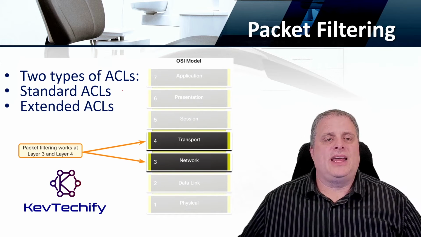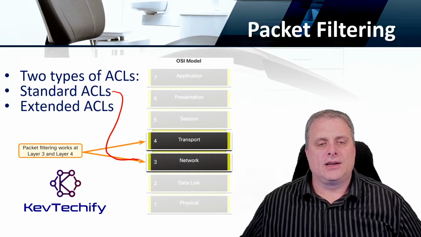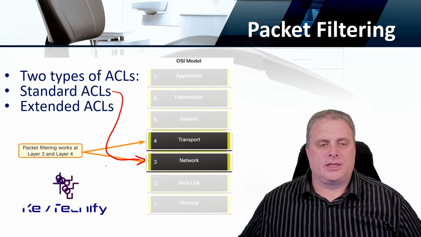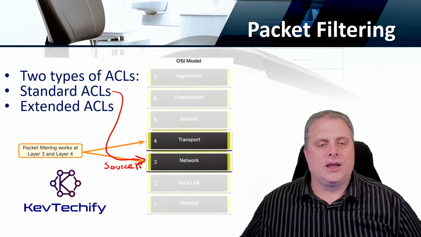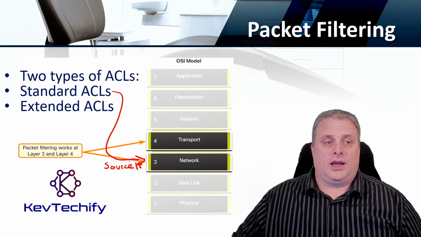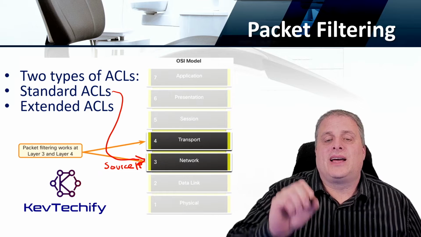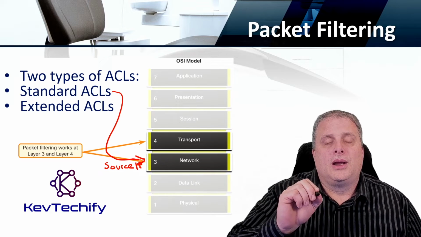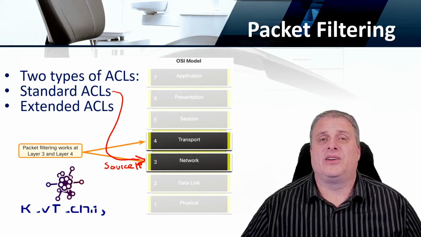The standard ACL only filters on layer 3, specifically on the source IP of the packet. A standard ACL will only look at the source IP address of that layer 3 packet in the header. It won't look at any other information.